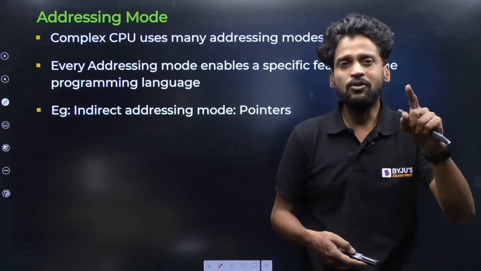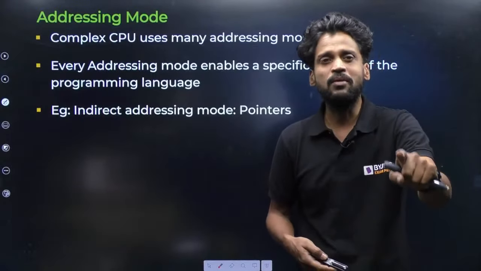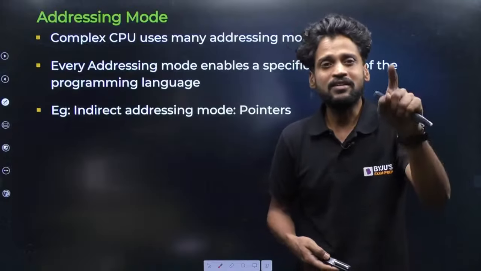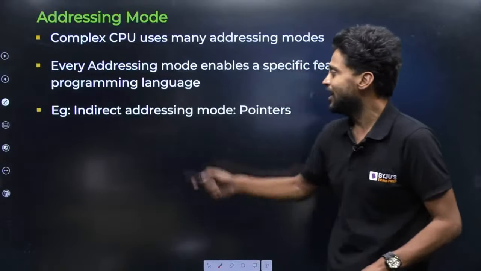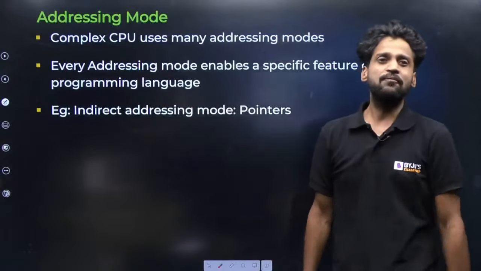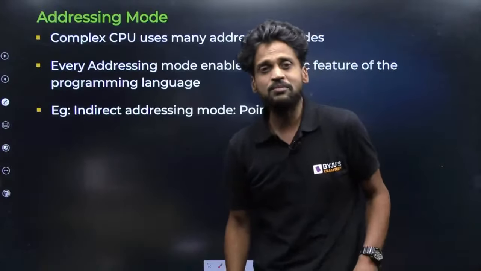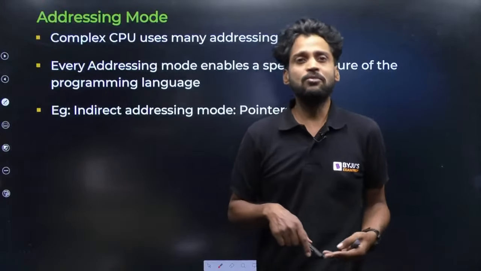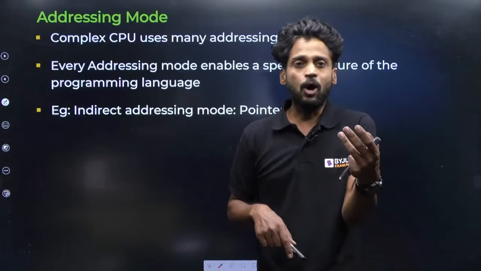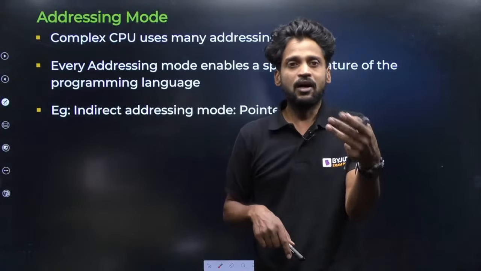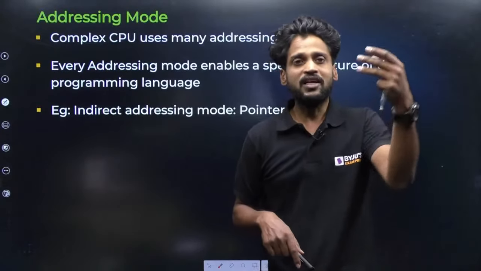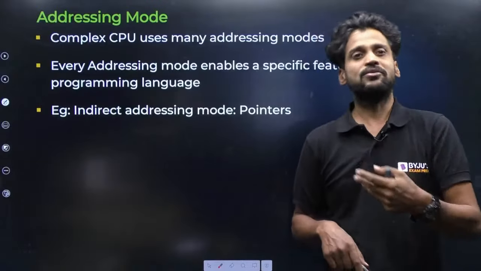Now, if you want to have pointers implemented in a program, first of all, this must be supported by the indirect addressing mode. Yesterday, we discussed the indirect addressing mode. In the indirect addressing mode, the operand is available not in the direct address, but in an indirect address.